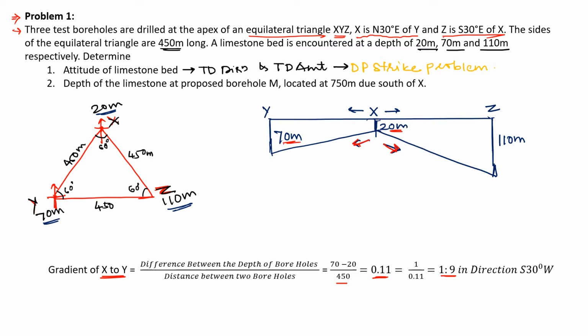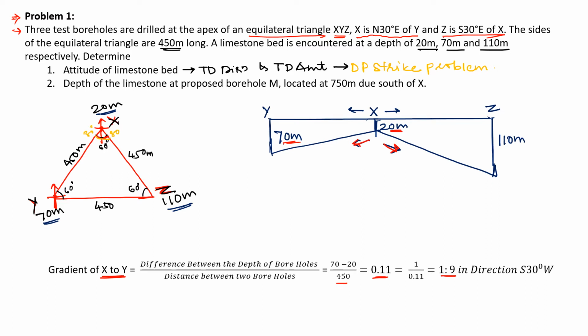In the direction, how much? South 30 west. How do we calculate the direction? That is the direction from X to Y. They have given a direction from Y to X. We have to find out the direction from X to Y. How? See, this is the center point. This angle is 60. Okay. So 30 is gone here. This side 30 is over here.